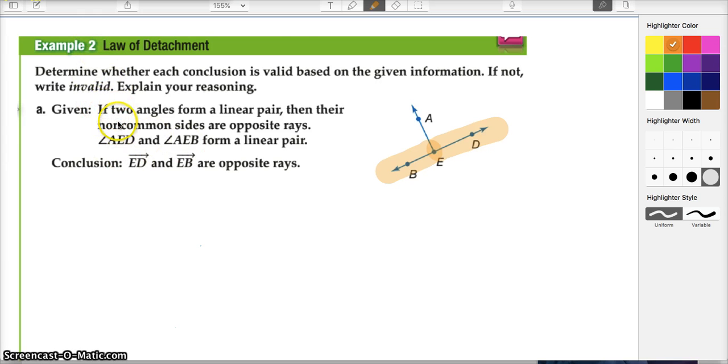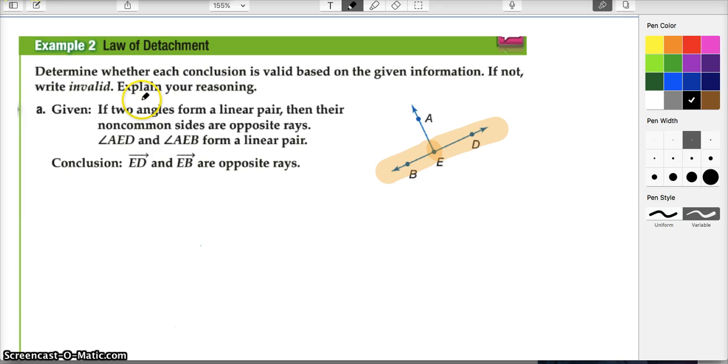It feels like it makes sense to me, but let's make sure it really does. Our given statement, our law in a sense, is that if two angles form a linear pair, that's my P, then their non-common sides are opposite rays. That's my Q, that last part. That's a fact that we're going to hold on to.